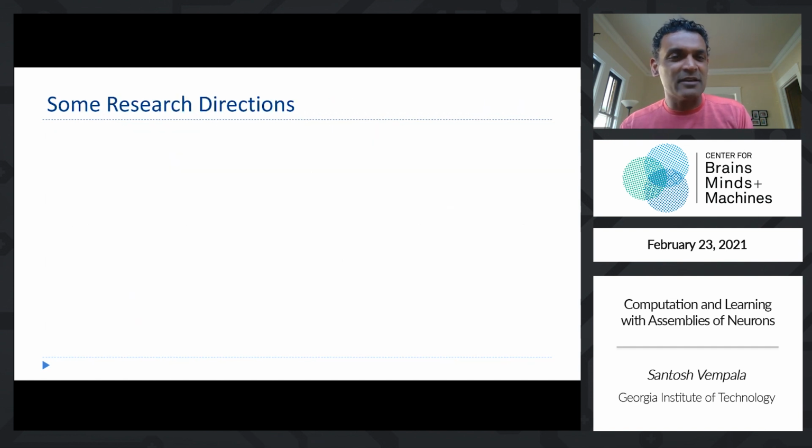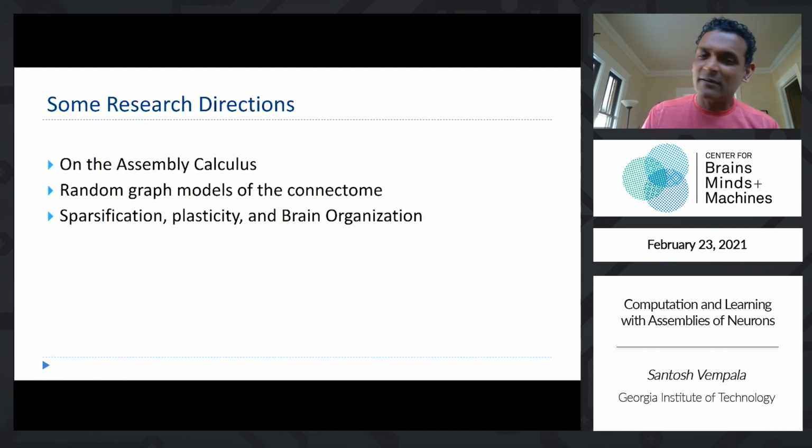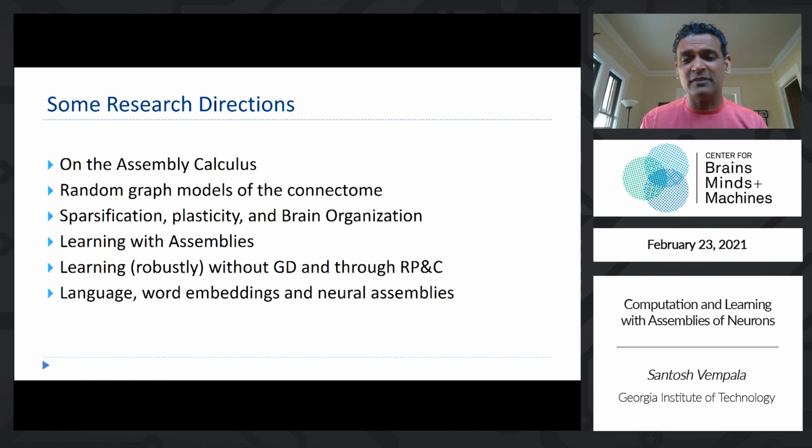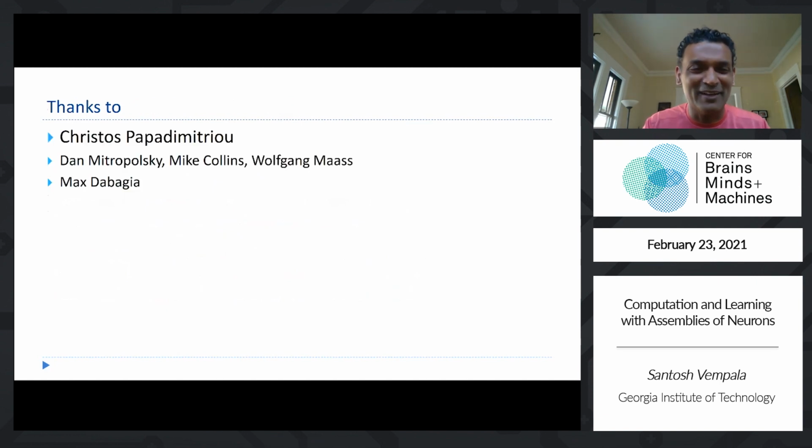Simulator, and there are open questions on all of these aspects: the calculus itself, random graph models, sparsification, learning robustly. So one thing we've observed is that plasticity rules seem to give more robust outputs, and then of course language. Okay, thanks to all of my collaborators and to you.